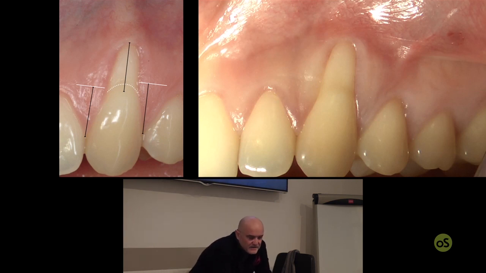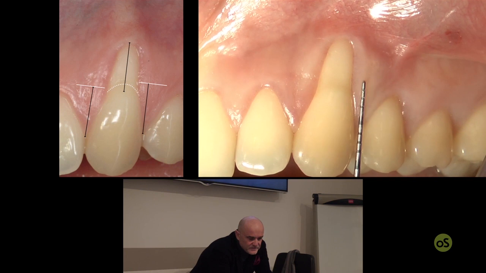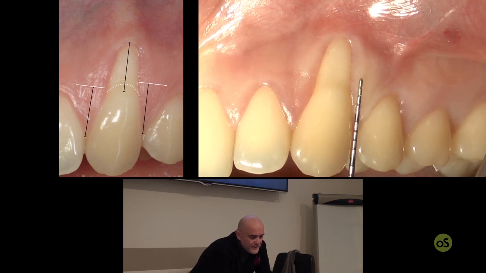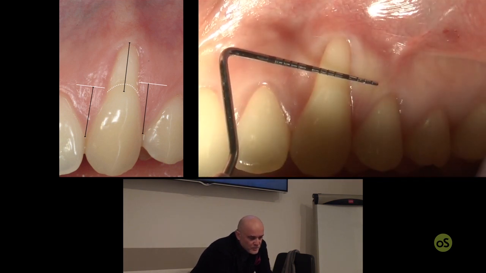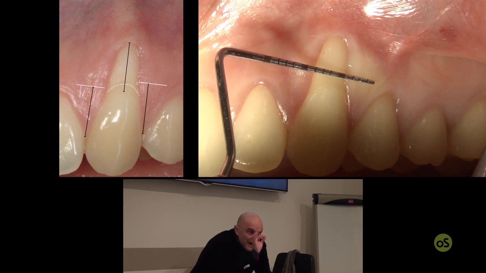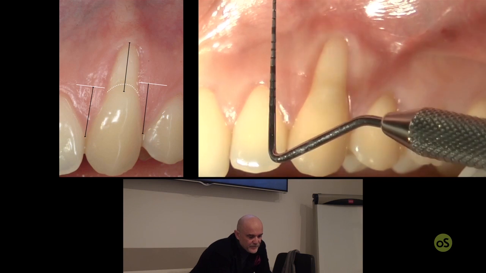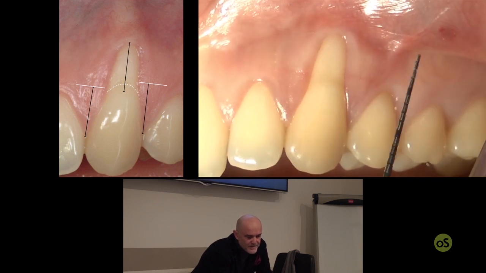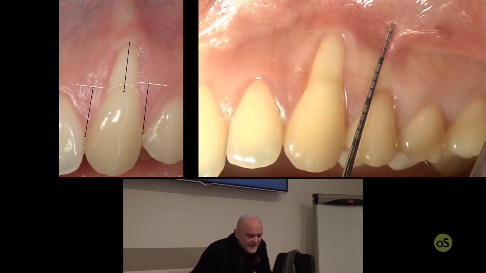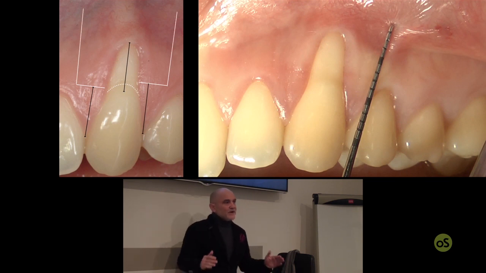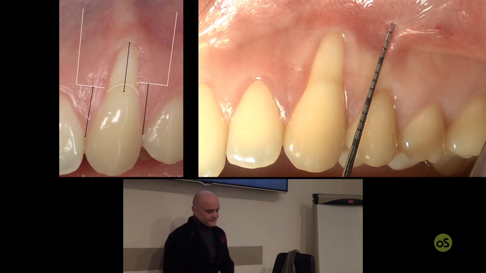This is done mesial and distal, same distance starting from the tip. My flap design is made of 2 horizontal and 2 vertical release incisions.